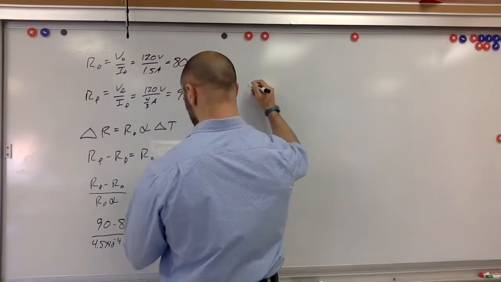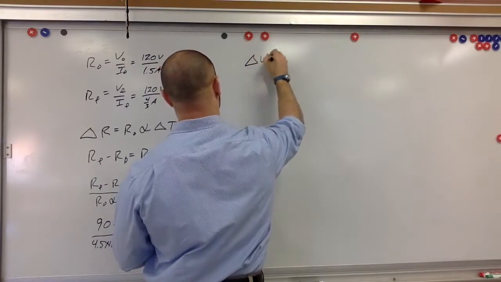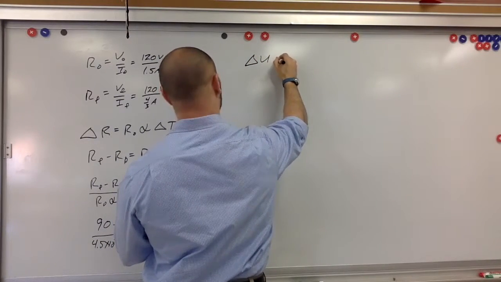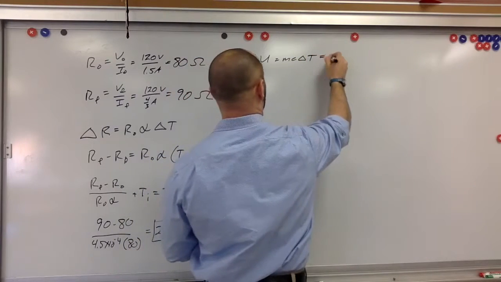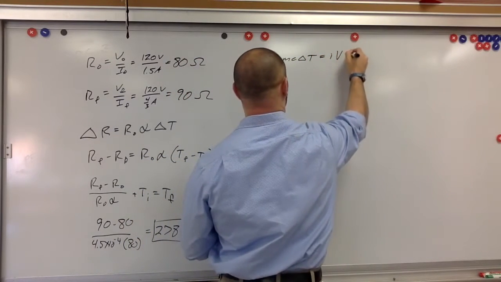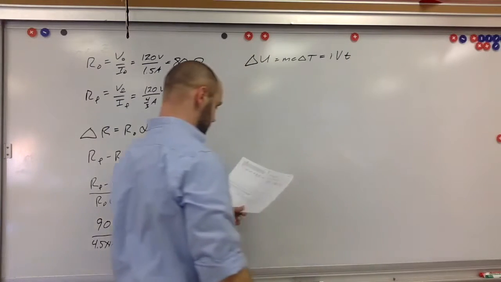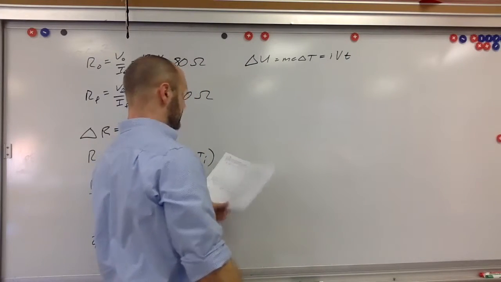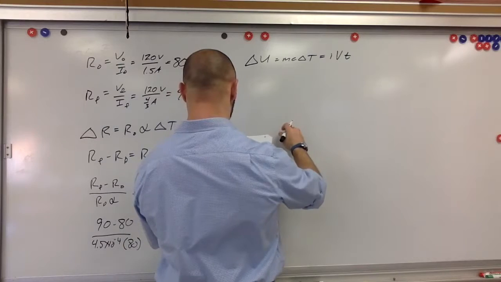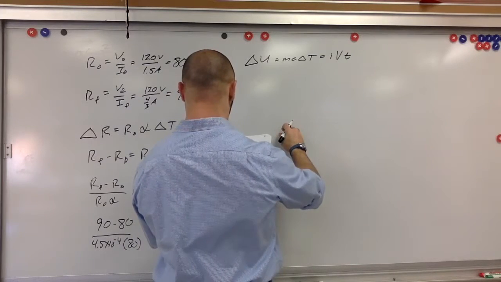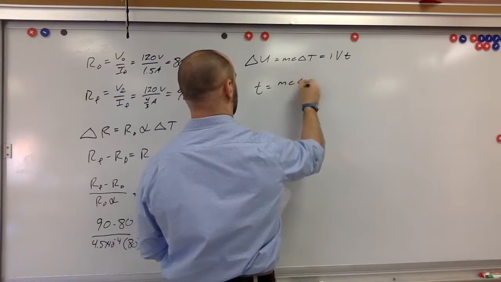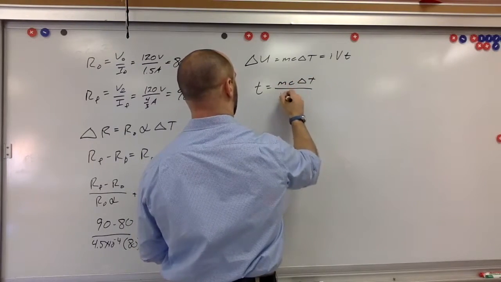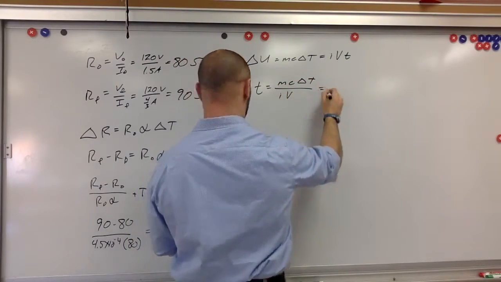And so delta U, the change in energy, is mc delta T, and that is equal to I times V times T. Right? And so time then is going to be mc delta T over IV, and that's it.